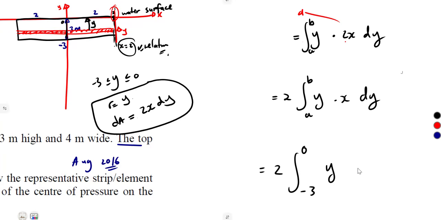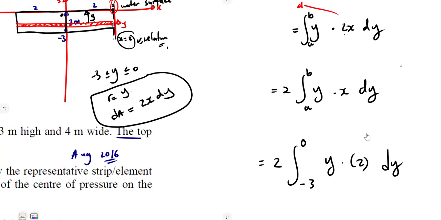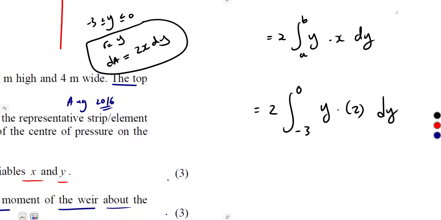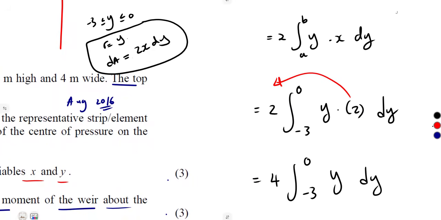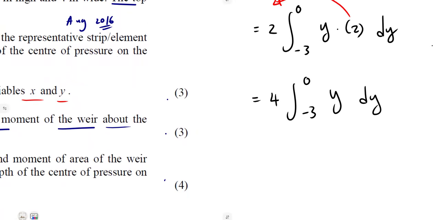So that's y times our x, equal to 2. If it is in terms of y, you substitute that. So 2 is a constant. Take it outside of the integral again. 2 times 2, that's 4. Just like that. Guys, you integrate, you're done.